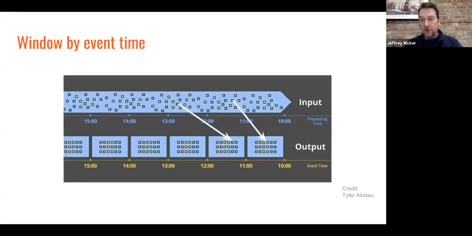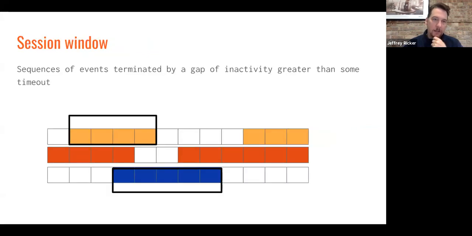Another way to do it is by event time. You'll say, okay, I'm going to take the processing events and group them into windows based on event time, so I can get a better understanding of the world. And I'll give you practical examples of this. And then a third one is session windowing.